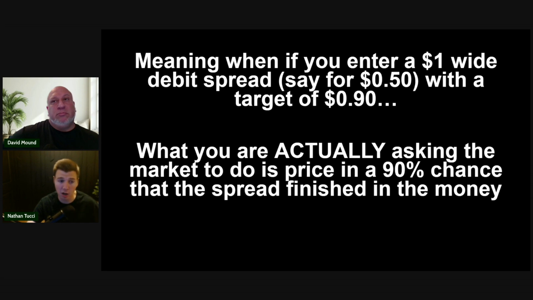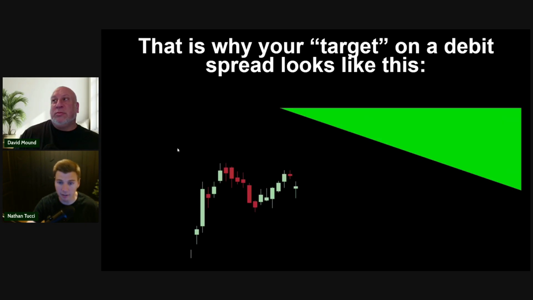And I think people really struggle with that because they don't want to think in terms of percentage. They want to think in terms of, did it hit my line in the sand or did it not? But guys, that's not what you're doing when you put a target on. What you're really doing is asking the market to get you to a certain probability that then it validates the value of that trade in a way that you can now hit a target.